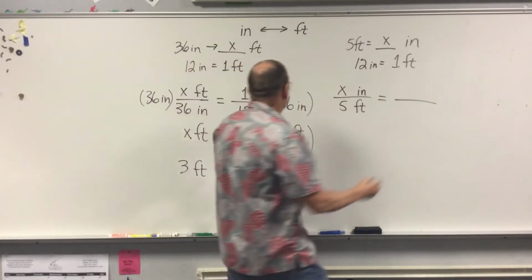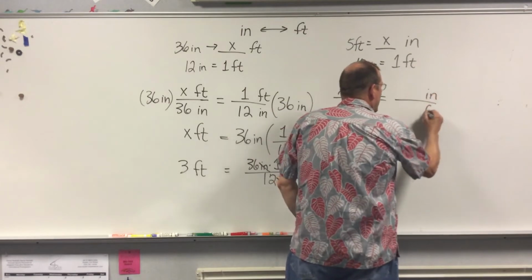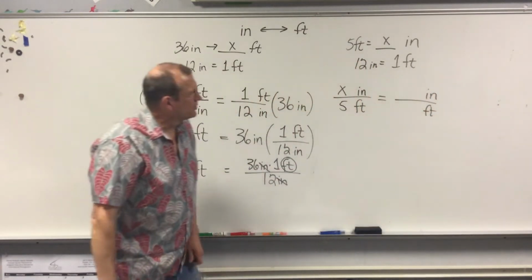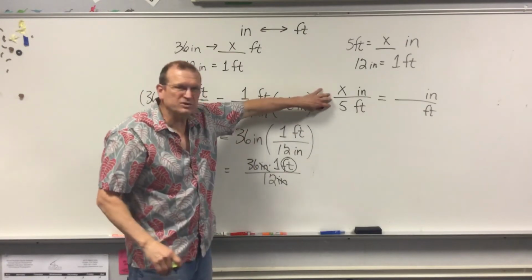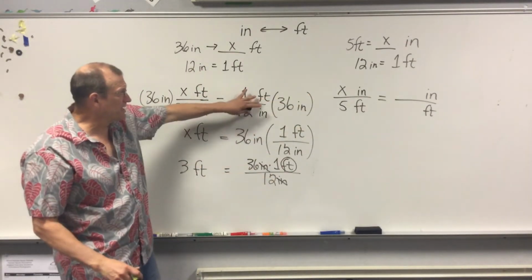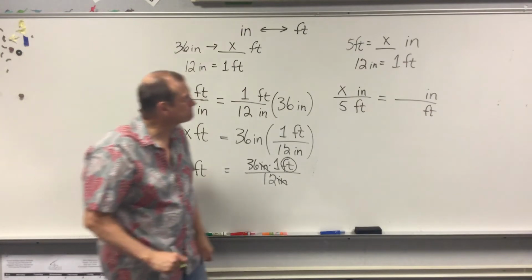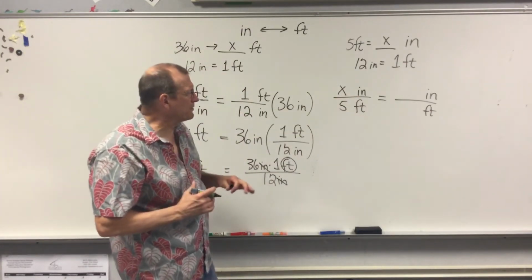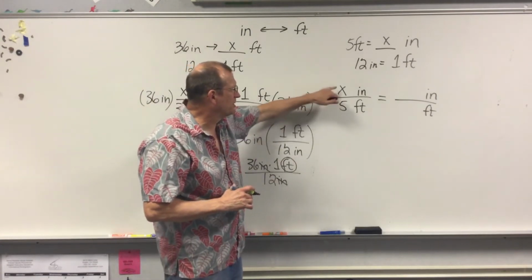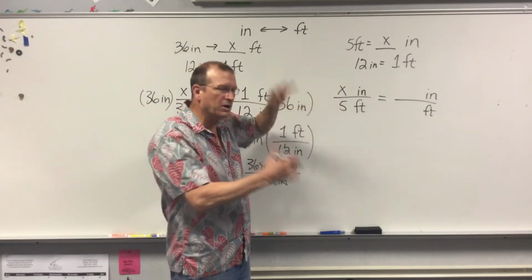And on the other side, we would have to have the inches and feet on the same side of the fraction as what we started with here. Now notice they are flipped in this example. The truth is, it wouldn't matter whether we started this x inches on top and the 5 on the bottom, or flipped.